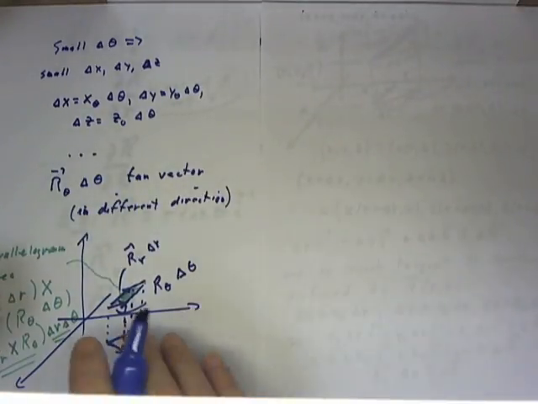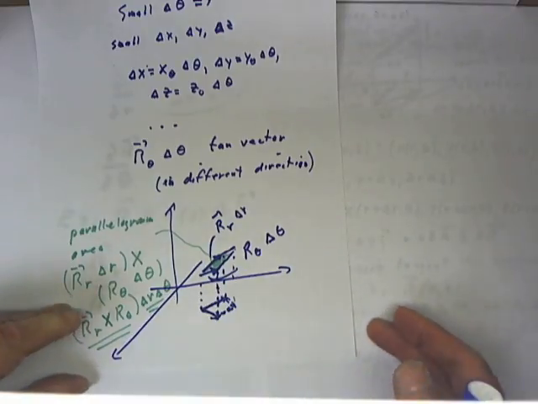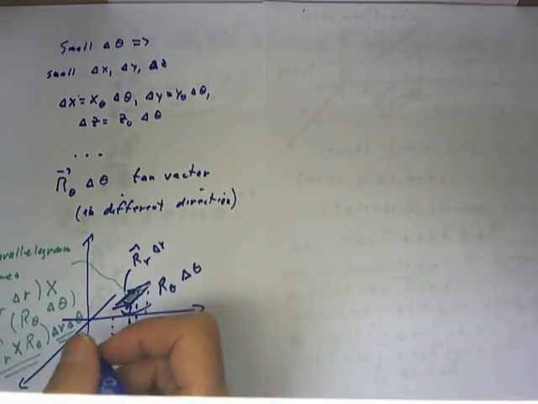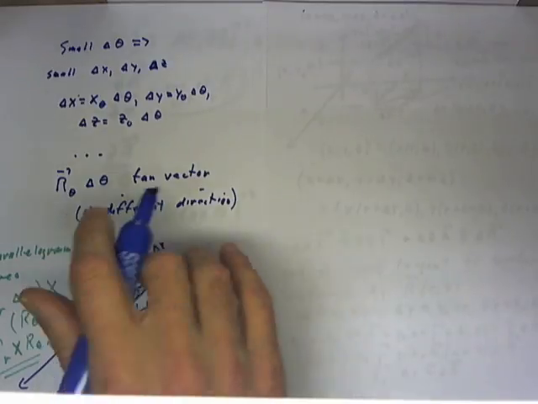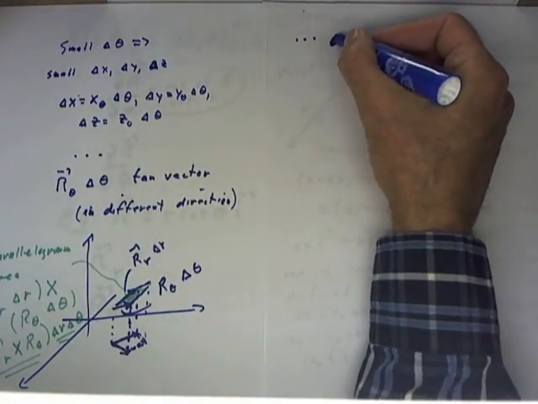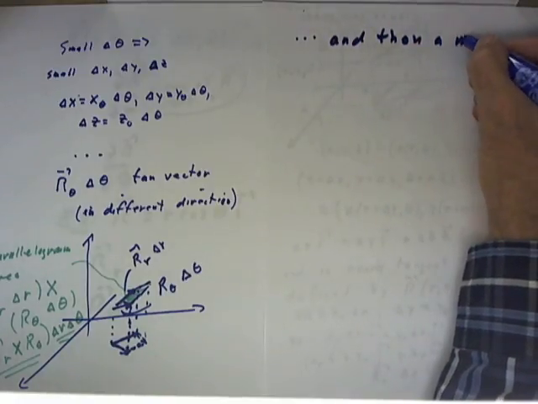From what we've done so far and from the expression we have here, we can make another small step and make a claim about how we get the surface area. Okay, so I'm going to put it this way. And then a miracle occurs.